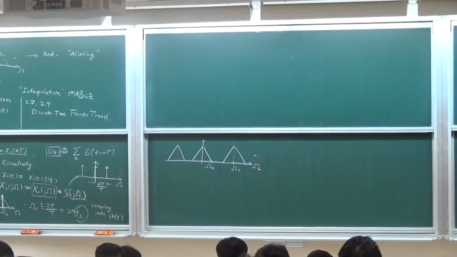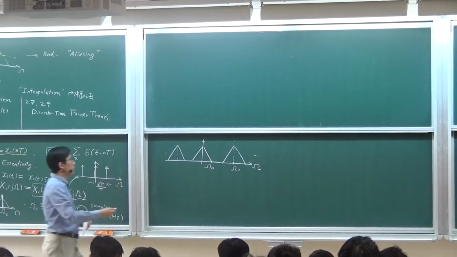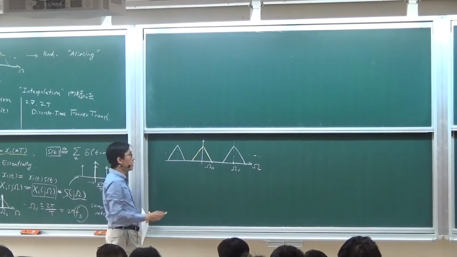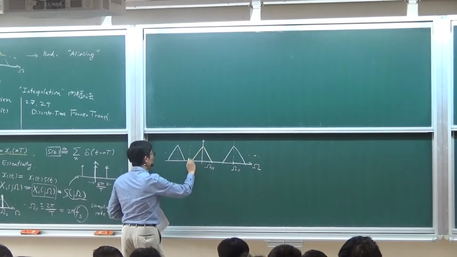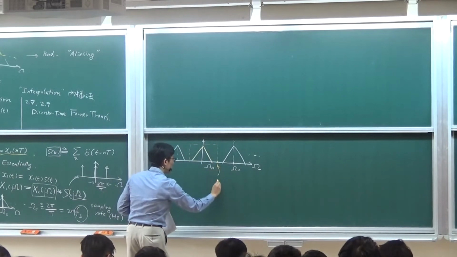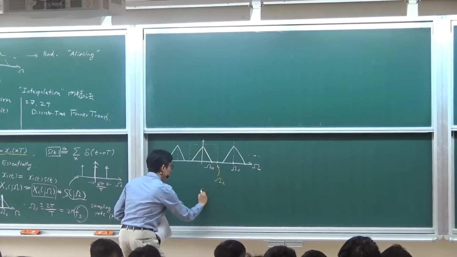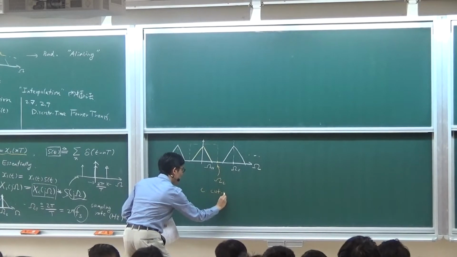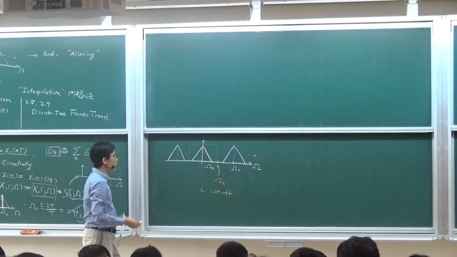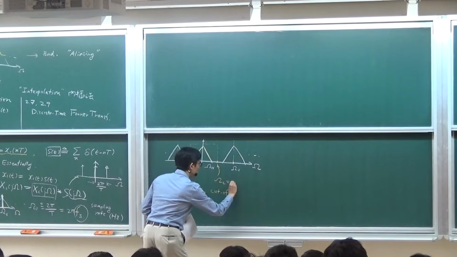So conceptually, we are going to retrieve this part, we are going to apply a low-pass filter. And let's assume that the cutoff frequency, C stands for cutoff, 截止频率, is exactly the sampling frequency divided by 2.